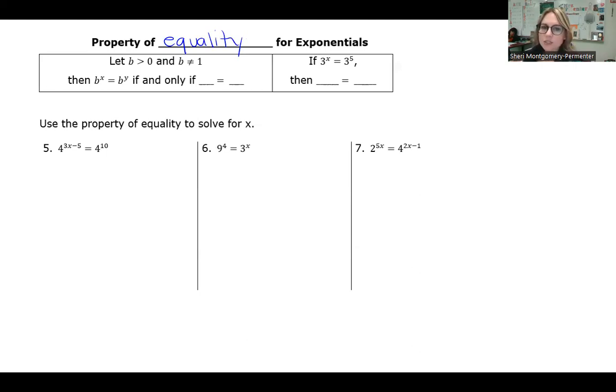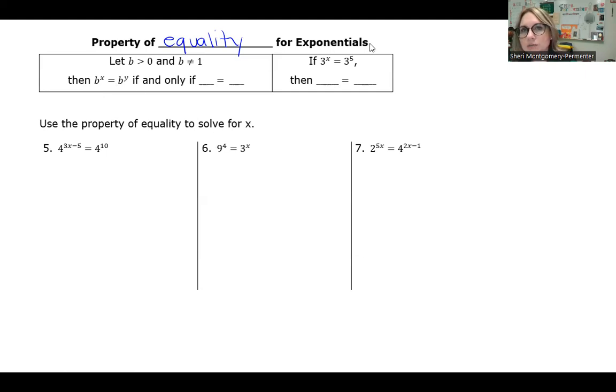Equal. So things are going to be equal. This sounds a little mathy and confusing, or maybe it seems really simple and like, duh. But it says, let B be bigger than 0. Okay, so a number bigger than 0 could be 4. All right. Let B be a number bigger than 0, but it can't be equal to 1.